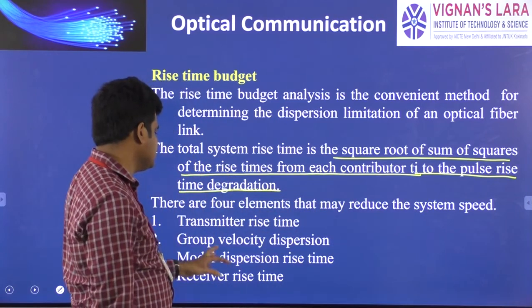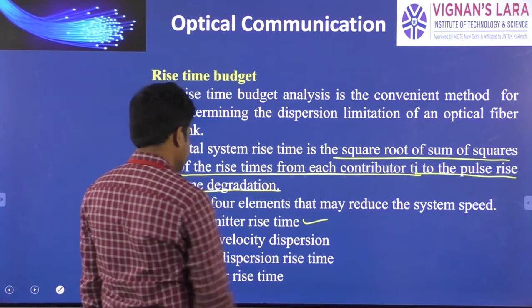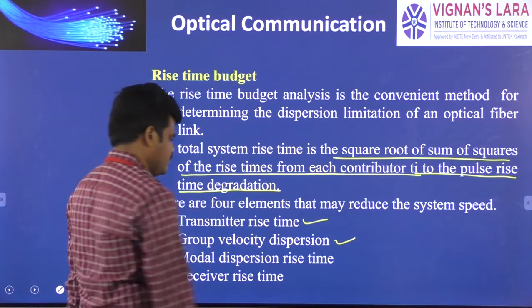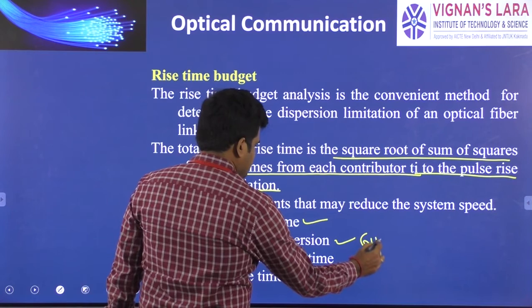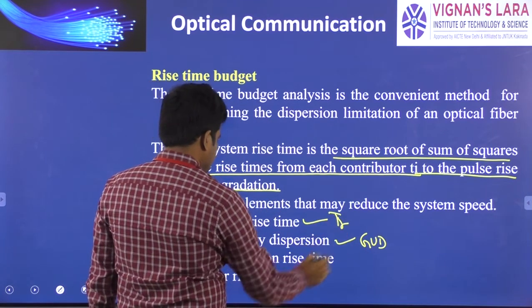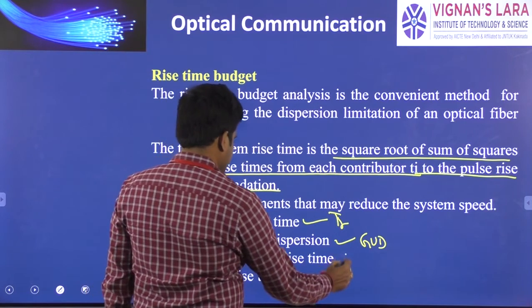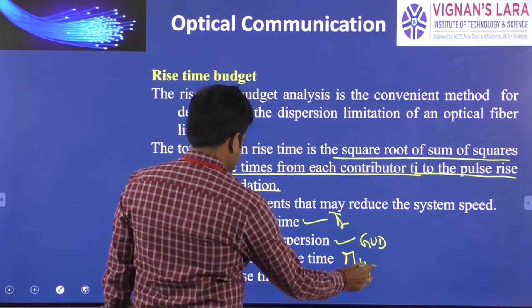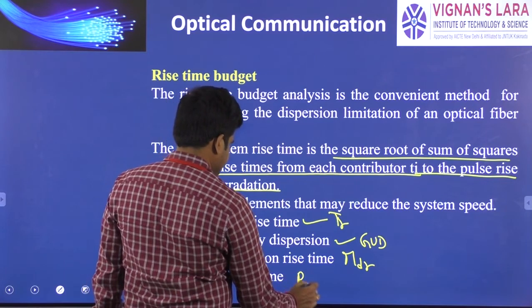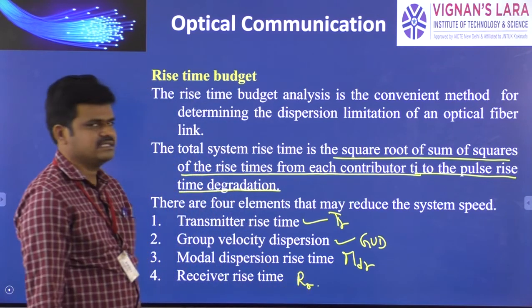Transmitter rise time is one factor. Group velocity dispersion, GVD, is one factor. Next one is modal dispersion rise time. The next one is receiver rise time.